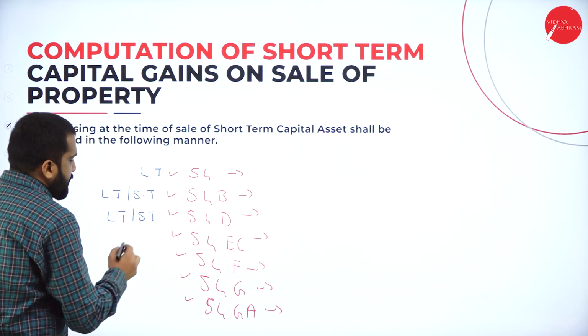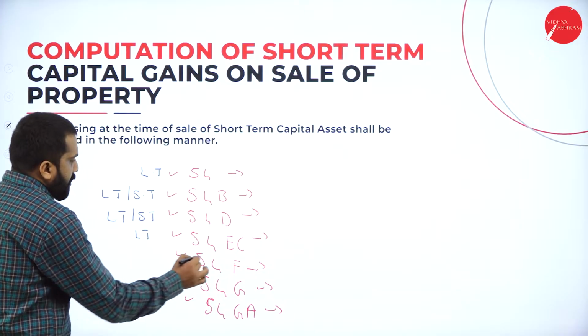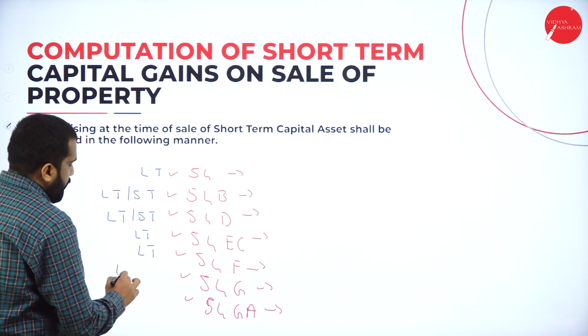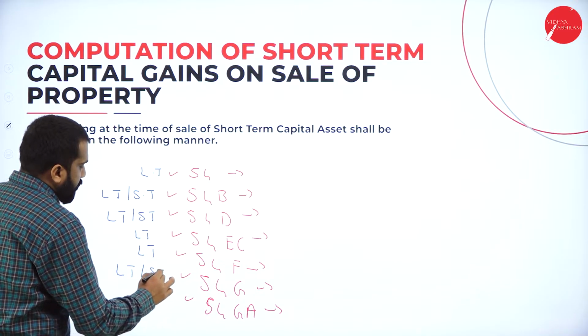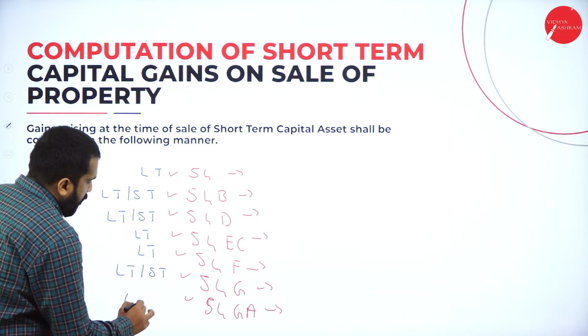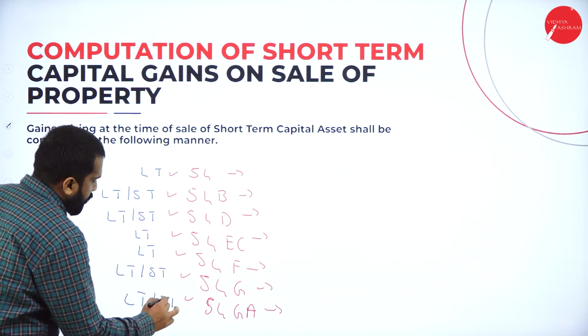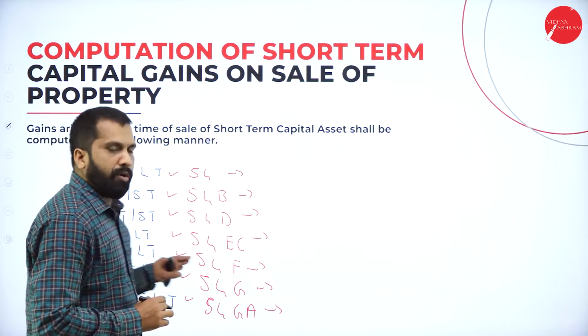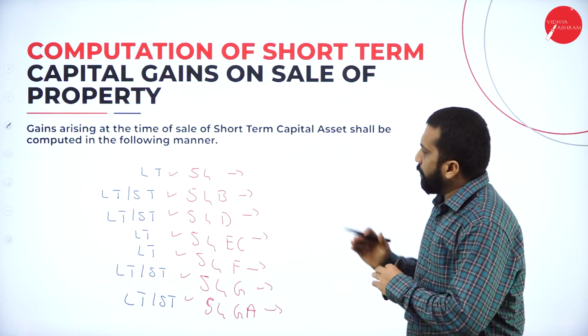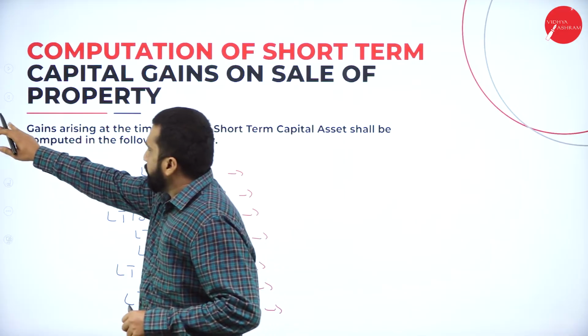This 54EC is only for long term, F only for long term, G is long term as well as short term, and the last one is long term as well as short term. Hope you are clear. So you have to go according to this.